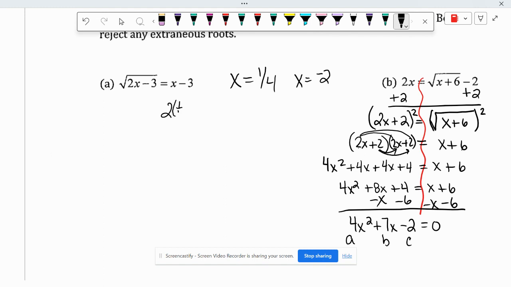2 times 1/4 equals the square root of 1/4 plus 6, minus 2. 2 times 1/4 is 1/2, equals 6 plus 1/4 is 6.25, minus 2. Someone take the square root of 6.25.